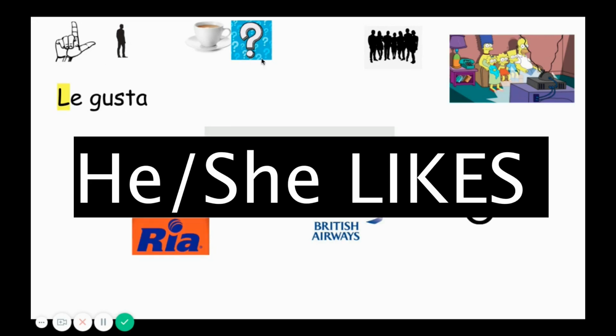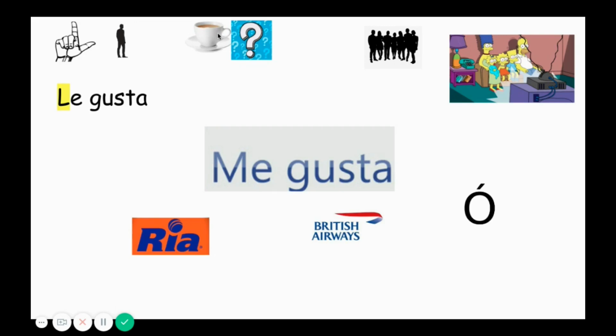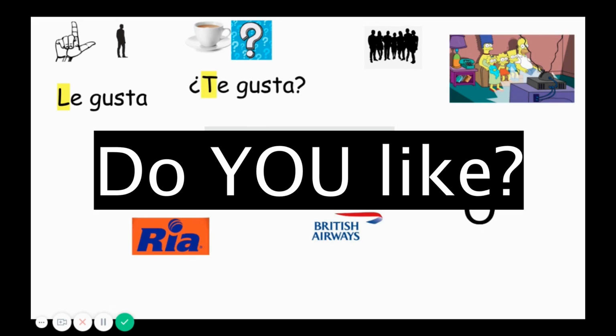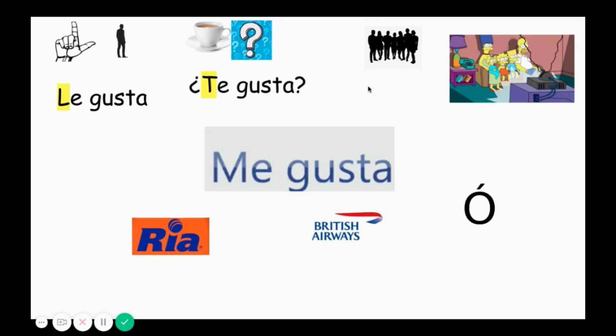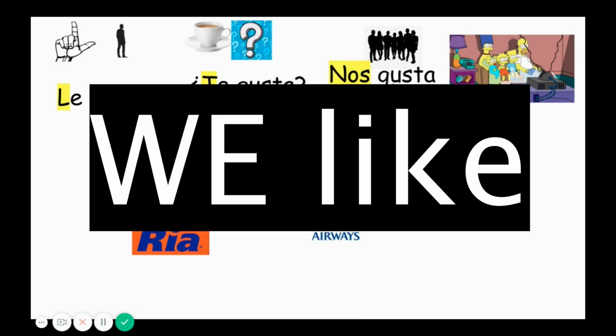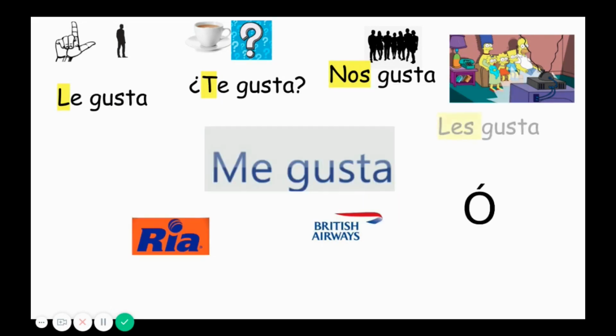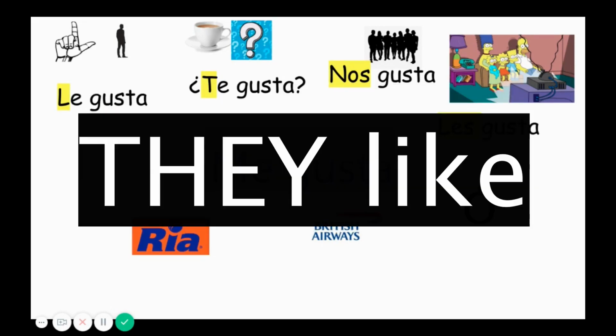If you want to ask a question, you need to think of a cup of tea, because the T of tea will be crucial to ask a question. ¿Te gusta? Do you like? And if you want to talk about the opinion of a group of people, you will say nos gusta, if it's you and your family and you and your friends. And for they, you will say les gusta.